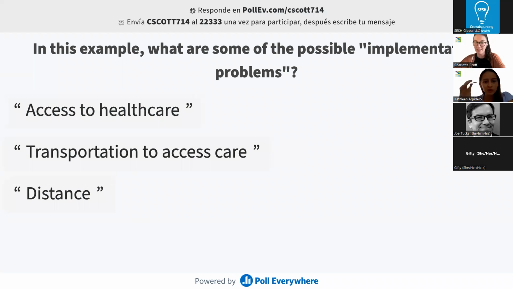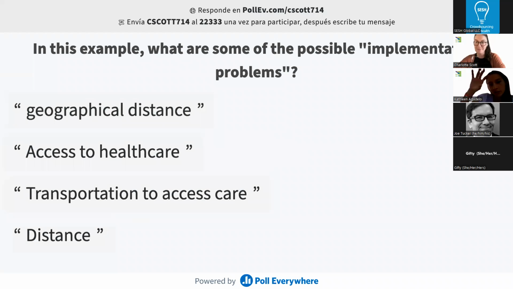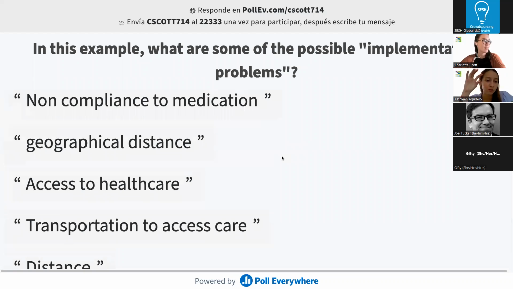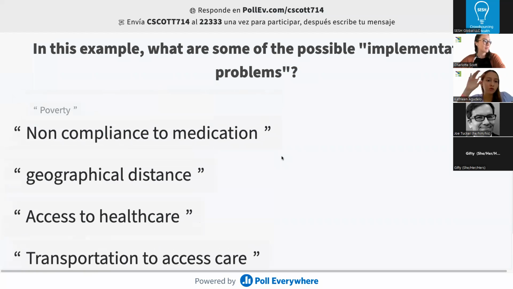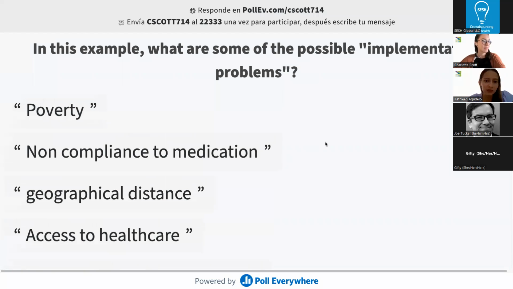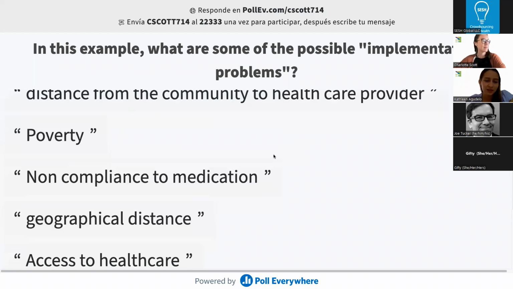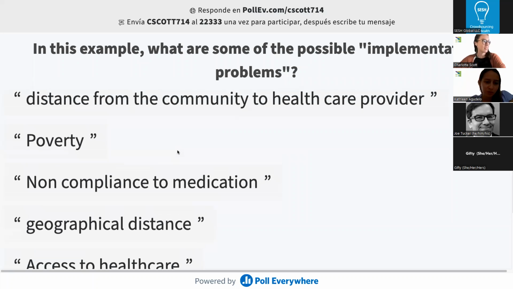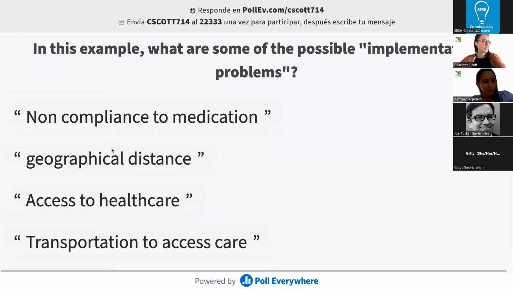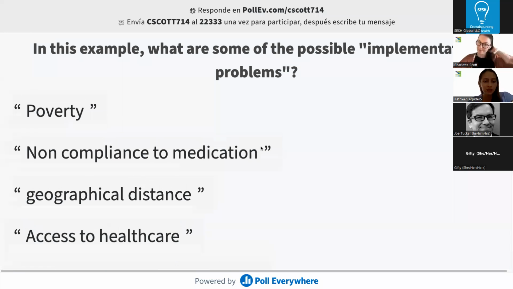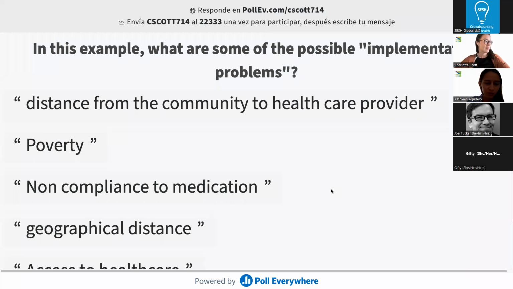Remember that we have, for example, the malaria treatment, and our significant health problem is malaria. So how are we going to implement that treatment in the real world? But in Africa, we're still having problems. So what is that implementation problem? Why can't we just give them the treatment?